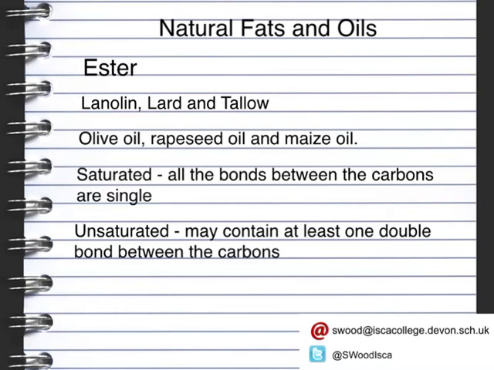A very simple test to see whether you have a saturated or unsaturated fat or oil is to add bromine water. Bromine water has an orange colour. If it's unsaturated, the double bond will cause the colour of the bromine to disappear.